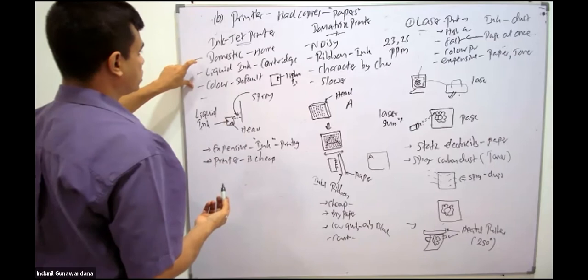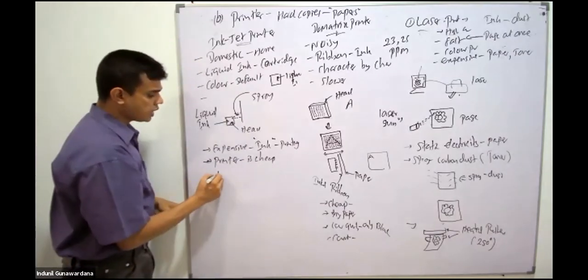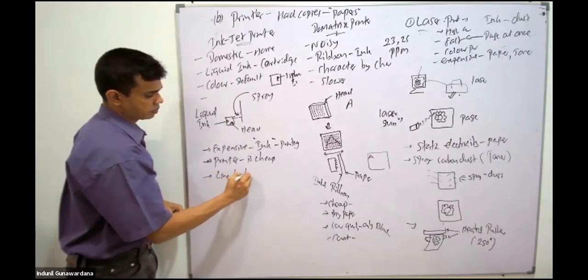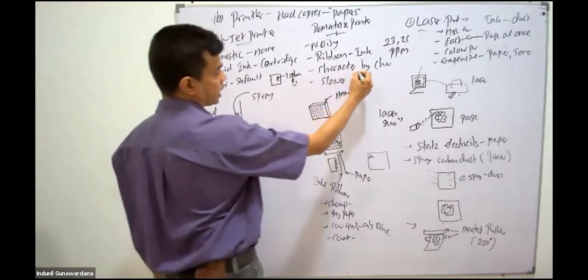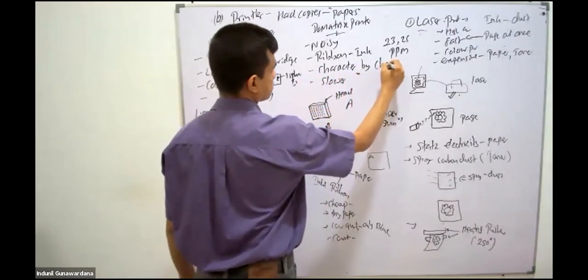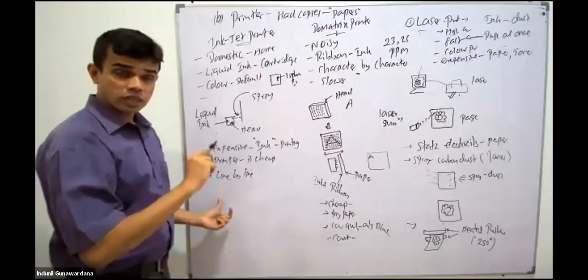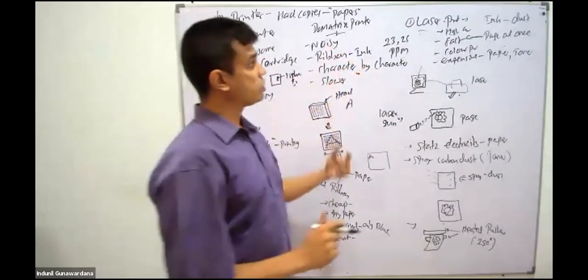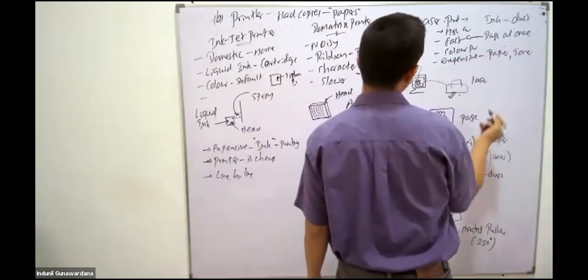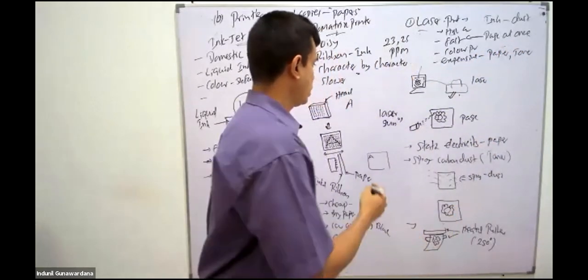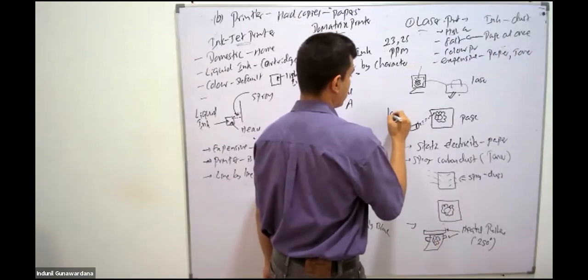It's a color printer, and this gives you line by line printing. The dot matrix gives you character by character, one character at a time. This one gives one line at a time, then goes to the next line likewise. Laser gives you page by page printing at once. Right? Hope you have a certain idea behind this.